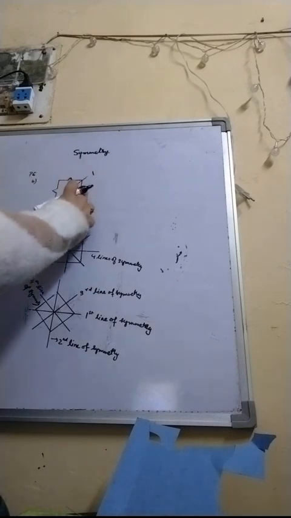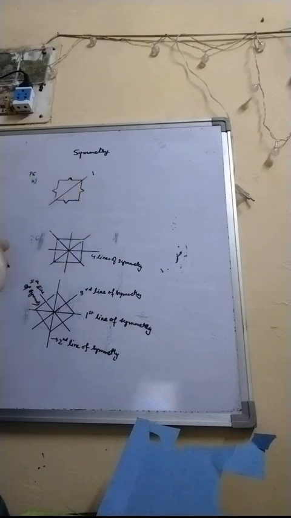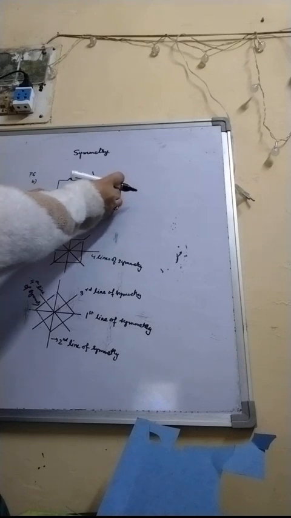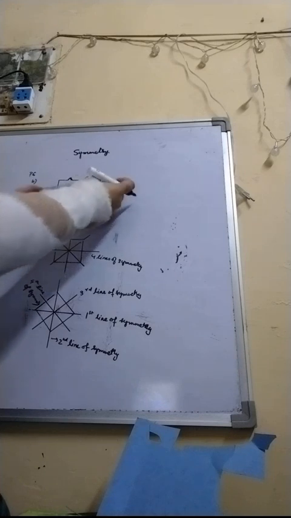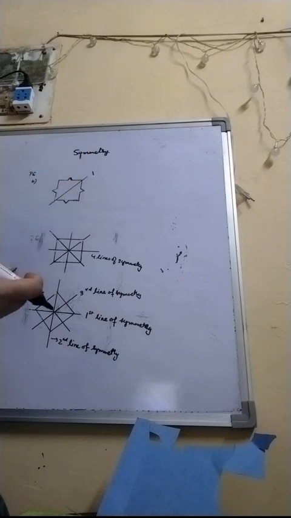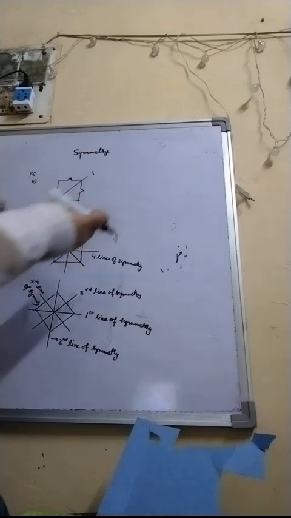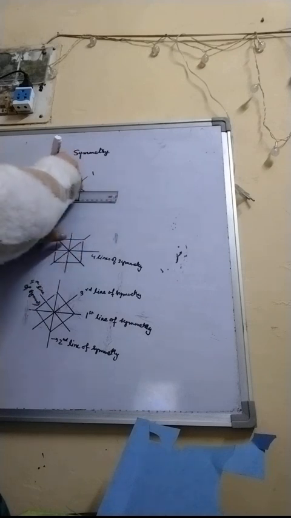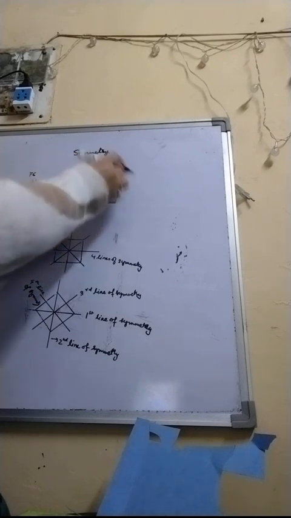Then we move to this edge which has been reshaped. So if I draw an edge horizontally here, then half portion of the paper would overlap the other half. So that means this is the second line of symmetry.